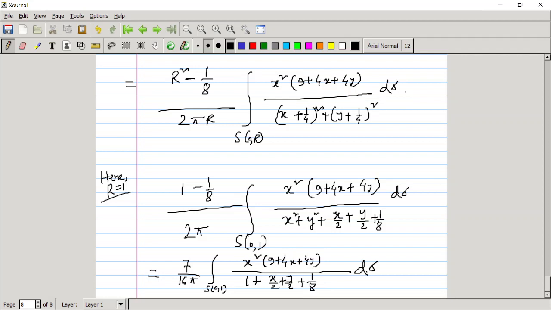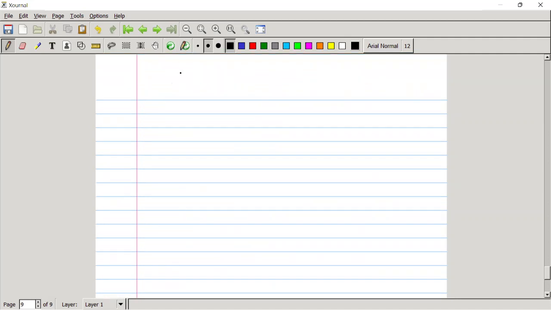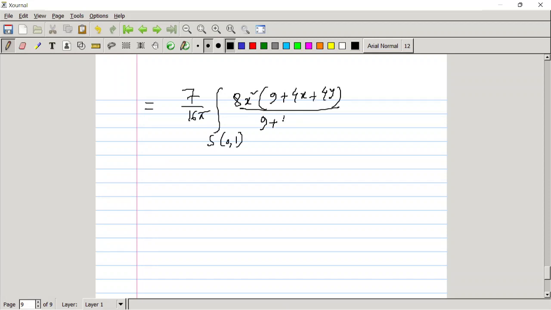Okay. So can you check that this 9 plus 4x plus 4y will cancel out from both sides, right? I'll show you in the next page, that is 7 by 16 pi integral s01 8x square 9 plus 4x plus 4y by 9 plus 4x plus 4y d of sigma.